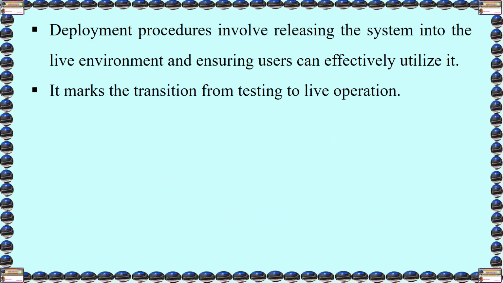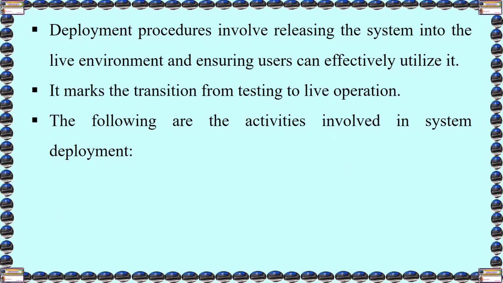In other words, at this step, the new system that was designed is rolled out and used in its actual environment. It marks the transition from testing to live operation. The following are therefore the activities that are involved in system deployment.